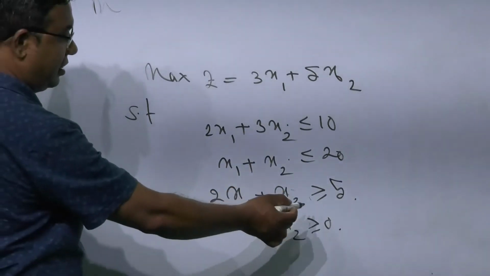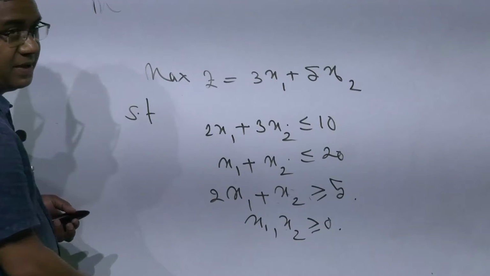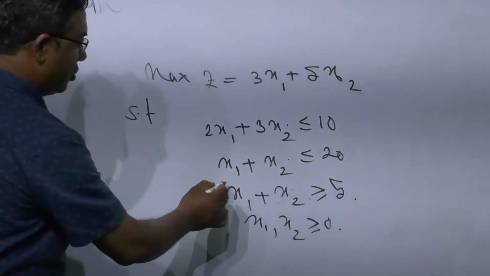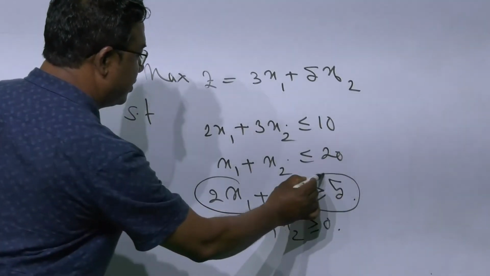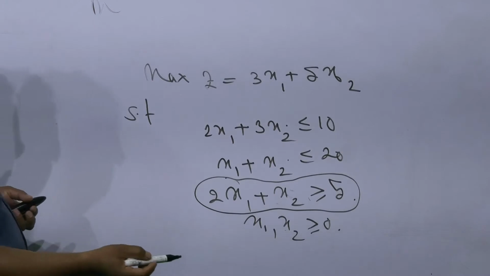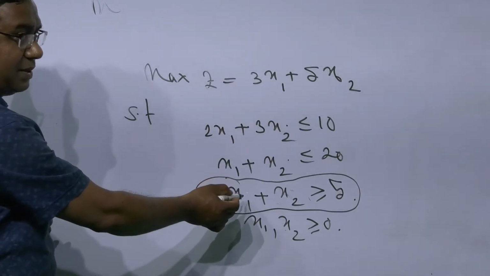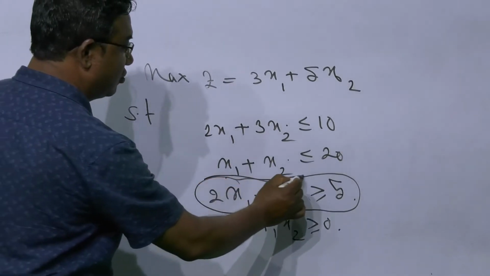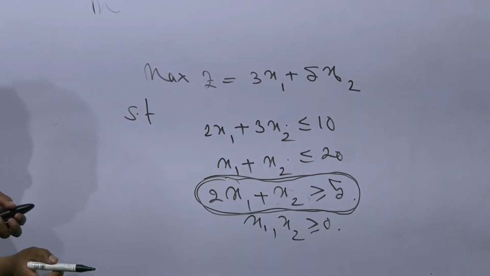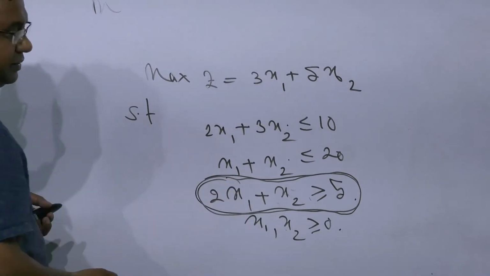Then in the third constraint, we have to put a surplus variable. In this constraint, we have to put one more non-negative variable, which is called an artificial variable.